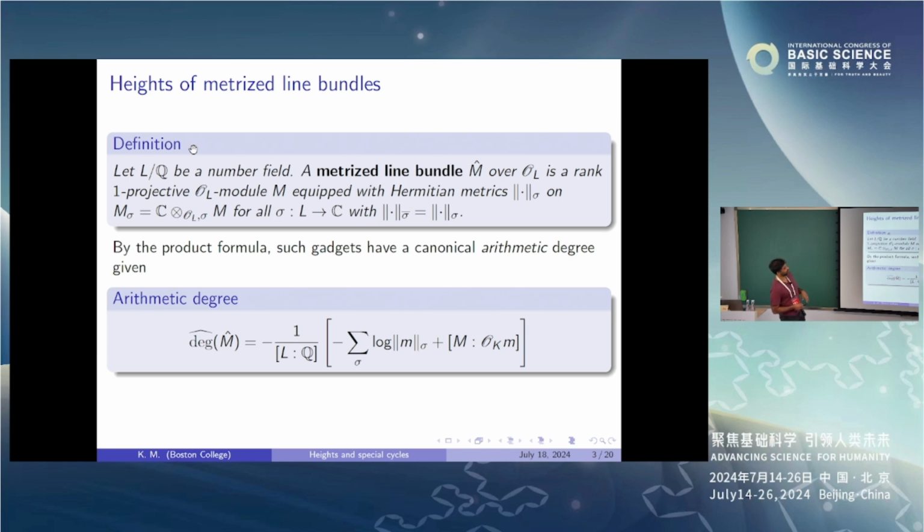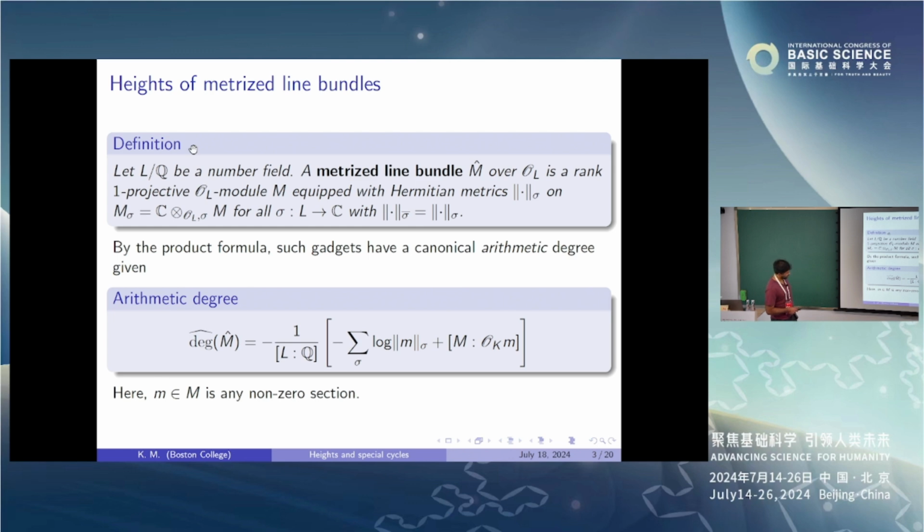The solution is to introduce all the places at infinity, which functions as some kind of compactification, and so the integral structure is replaced at infinity with a metric. So for any metrized line bundle, you can associate this quantity, which depends.